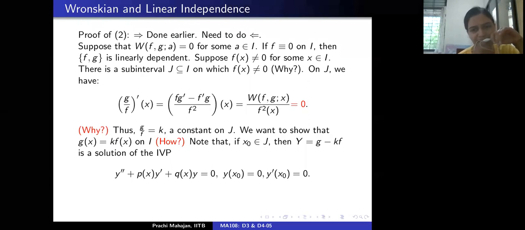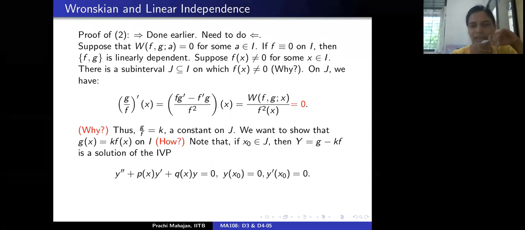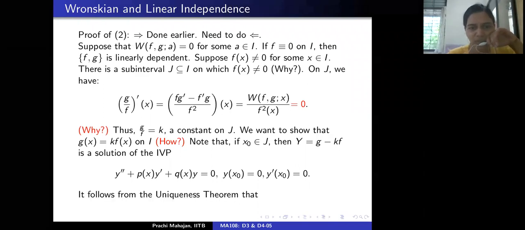The initial data is at the point x naught: y of x naught is 0, y prime of x naught is 0. Now, again, I will appeal to the uniqueness theorem to say that this ODE has a unique solution, namely the trivial solution.